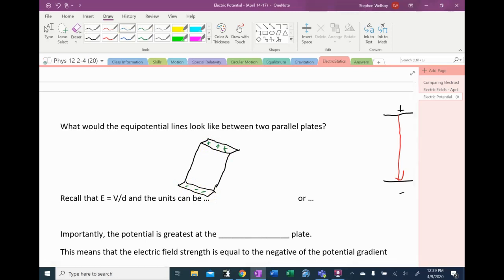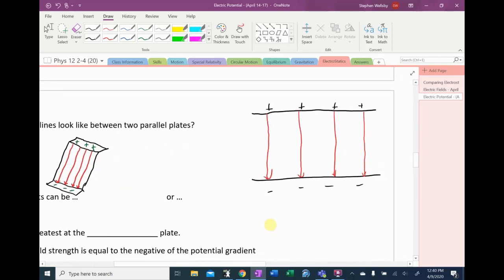So you can see here that the field lines would still be in the same direction. The field lines would go from positive to negative. These represent the direction of force on a mass. If we're going back to gravitational potential, these red lines would represent the direction of force on a mass. But likewise, it would also represent the direction of force on a positive charge.